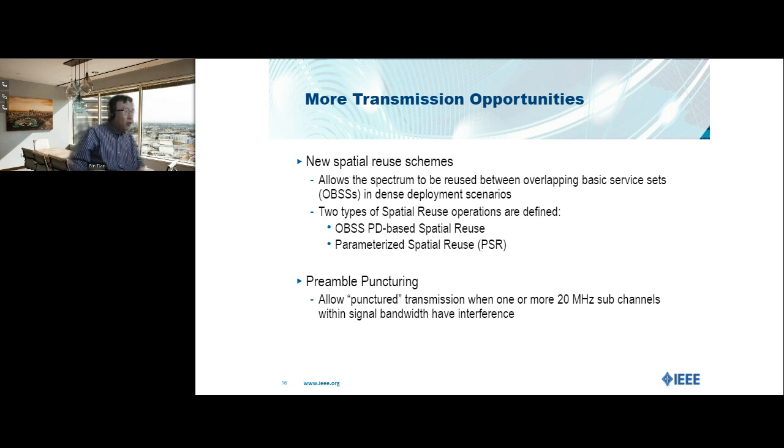11ax also tries to improve the efficiency in the high density environment by introducing new spatial reuse schemes. People familiar with 11ac know you have this traditional concept of CSMA, collision avoidance, with the CCA.